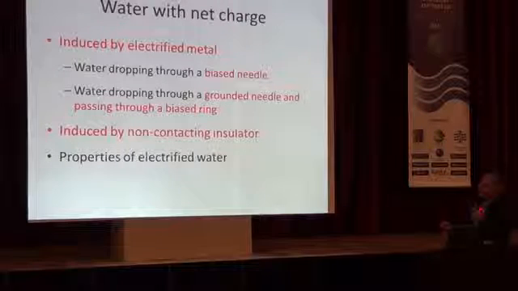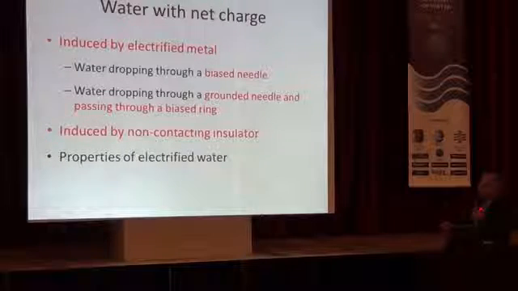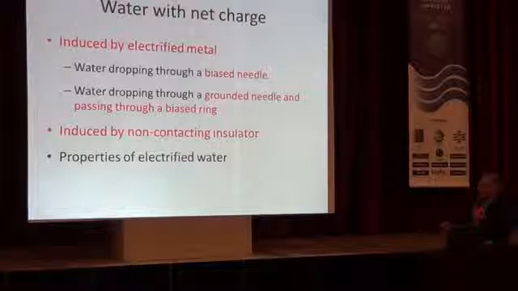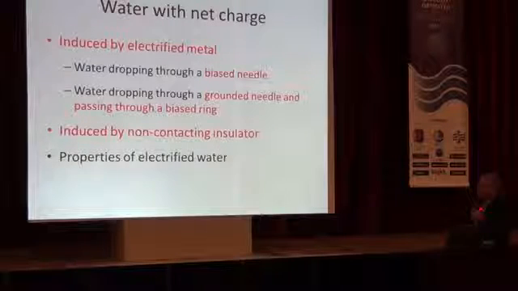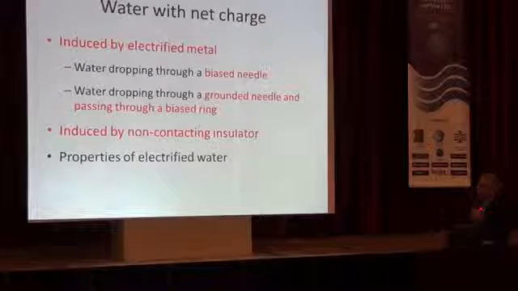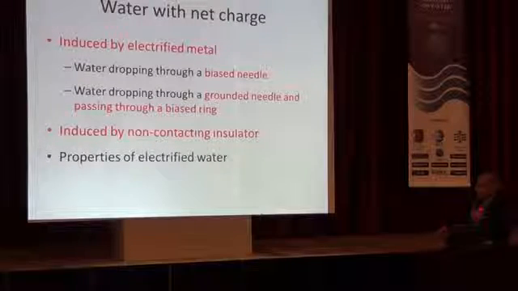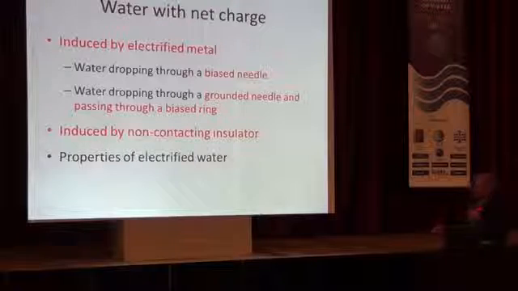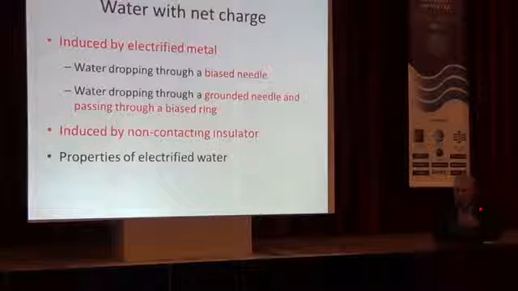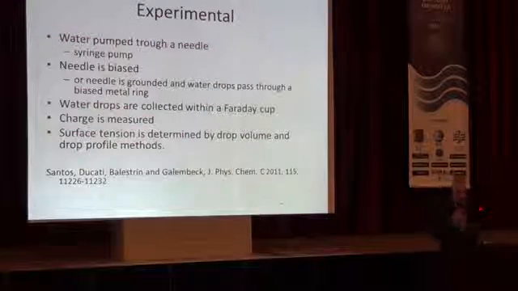In this case, there is no contact between water and the metal. It just passes through. And here it is induced by a non-contacting insulator. And then I will tell you about the properties of this electrified water.